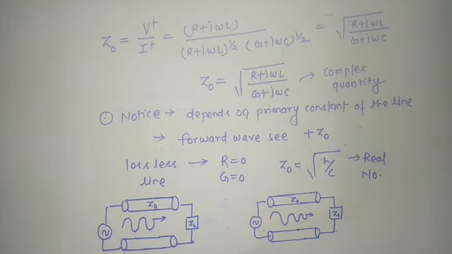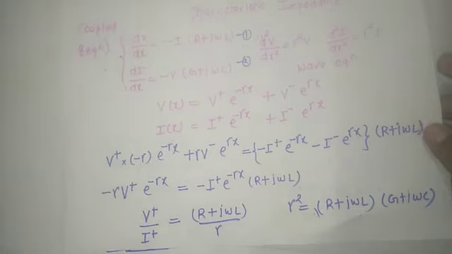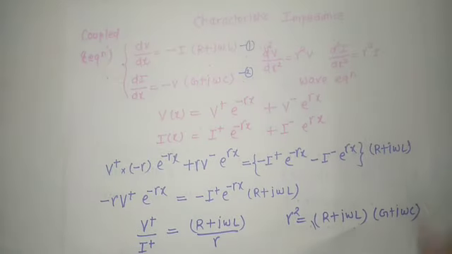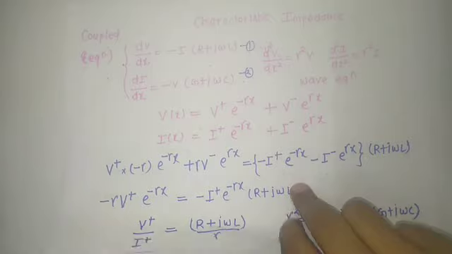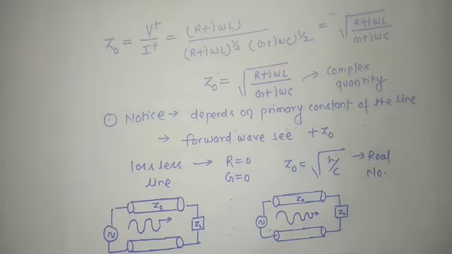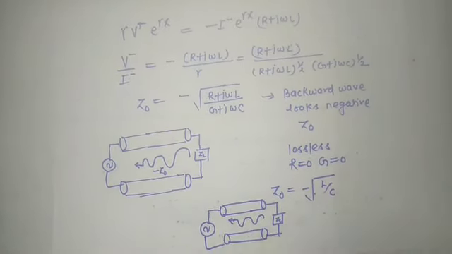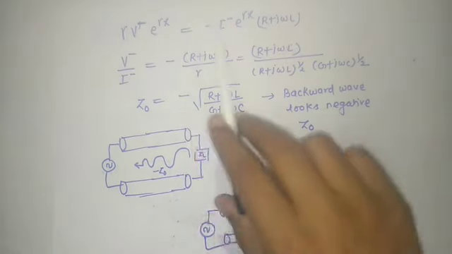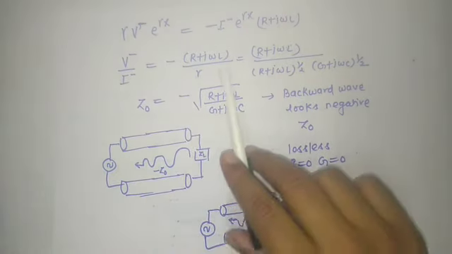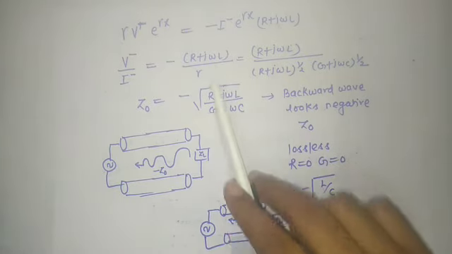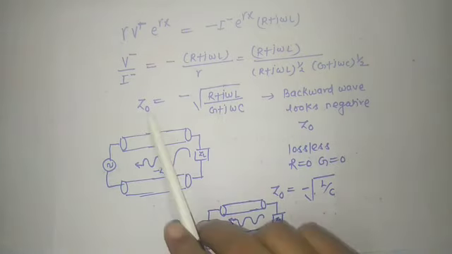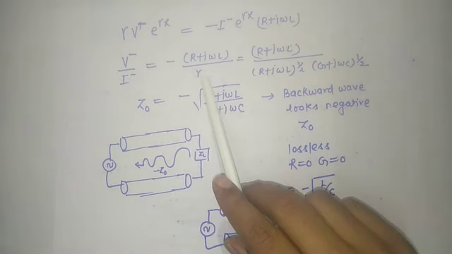Okay, now you saw that we have compared so far the forward component. Now we are comparing the backward component, meaning the V minus and I minus terms. So on this page I have compared my backward component. Now you can see V minus over I minus, and you can modify this like this: Z0 is equal to minus times, what was the value of gamma?